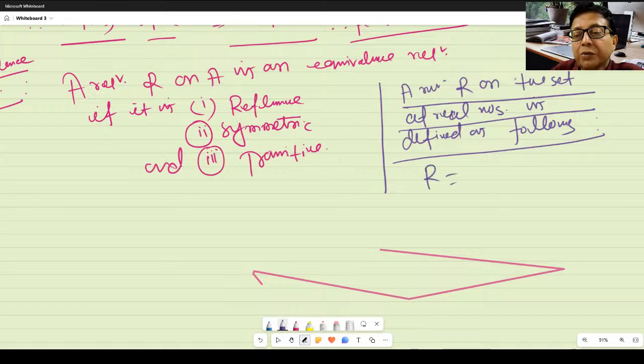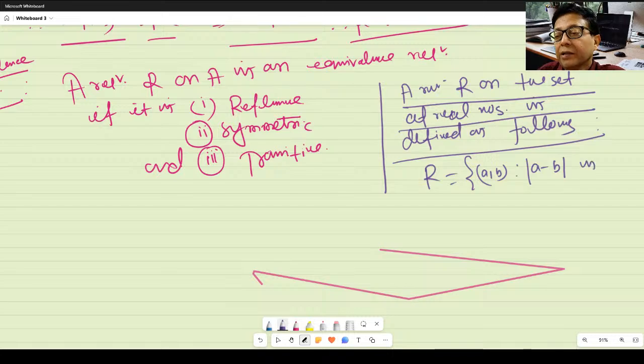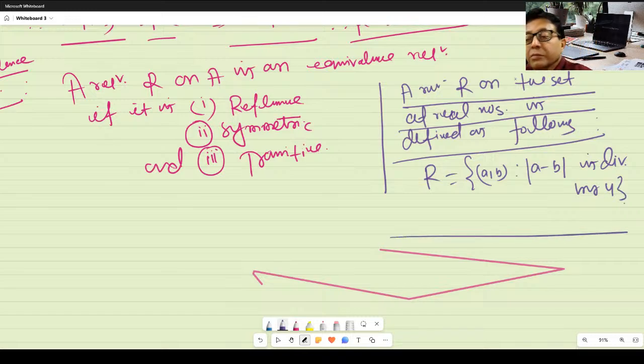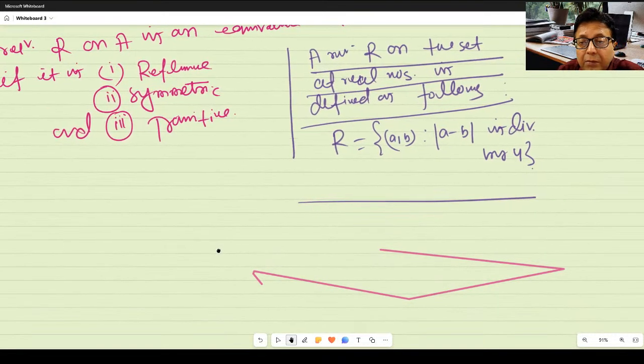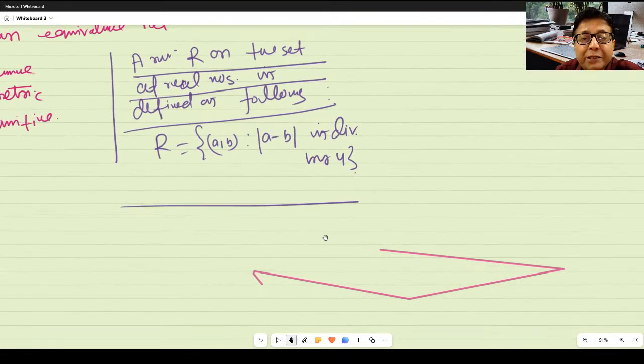R equal to (A, B) such that mod A minus B is divisible by 4. Check whether it is an equivalence relation or not. You have to check this. Mod A minus B divisible by 4. Is it an equivalence relation?